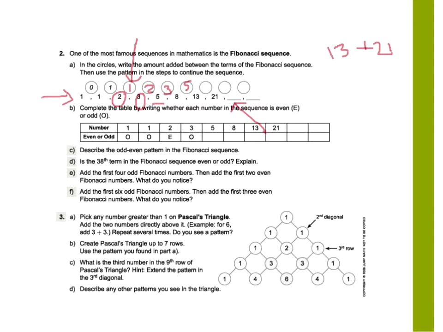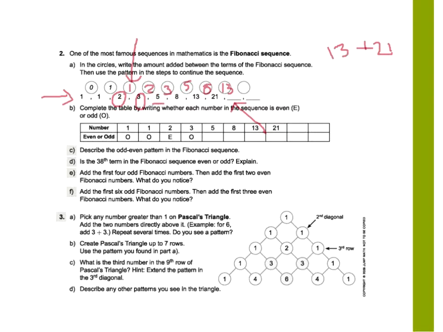If you were to continue subtracting, finding the difference between successive terms, what do you notice? Yeah, someone just wrote, it's the same as the sequence. Yeah, you're repeating the pattern. You get the Fibonacci sequence again.